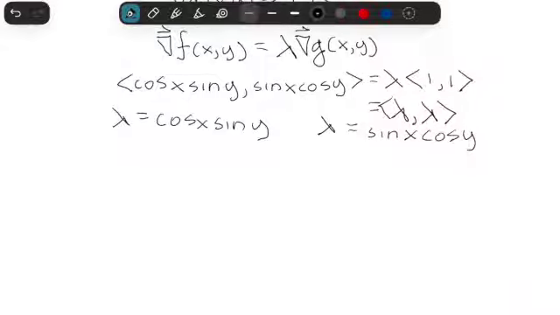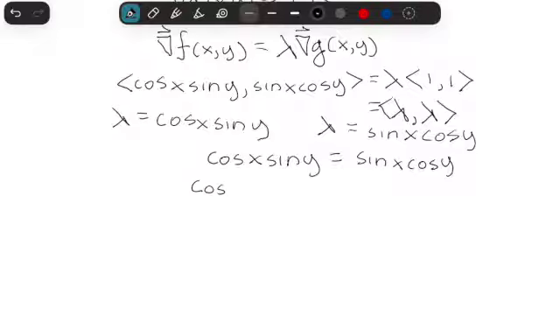And without even rearranging, we can just eliminate lambda and set those equal to each other. So cosine x sine y equals sine x cosine y. So let's bring this all to one side. Cosine x sine y minus sine x cosine y equals 0. And this is actually an identity.